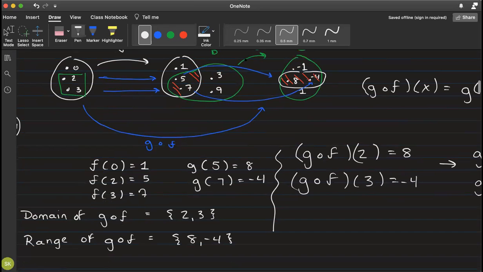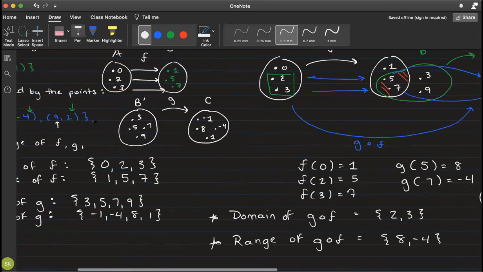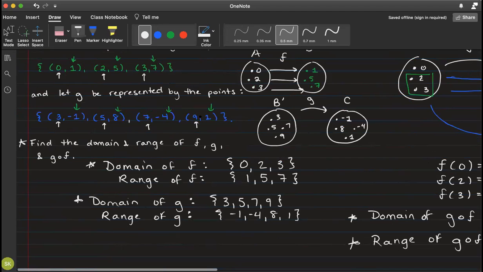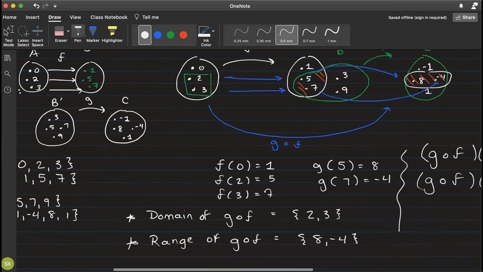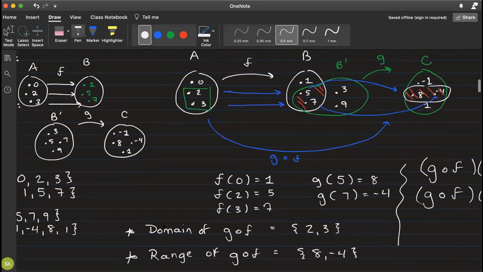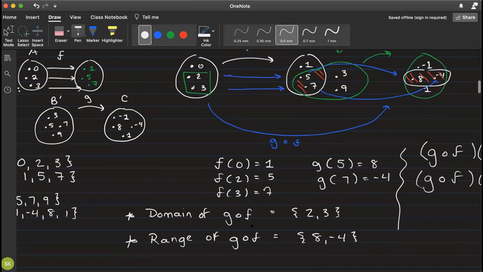We don't have anywhere to send 1 to. Because if you remember, look over here, our domain doesn't have a 1 inside. So it can't be in the domain of G composed of F because we would have to have a place that 1, that number here, the 0, which is sent to 1, that 1 would have to be sent to something over here, and it's not. So it's not in the domain.